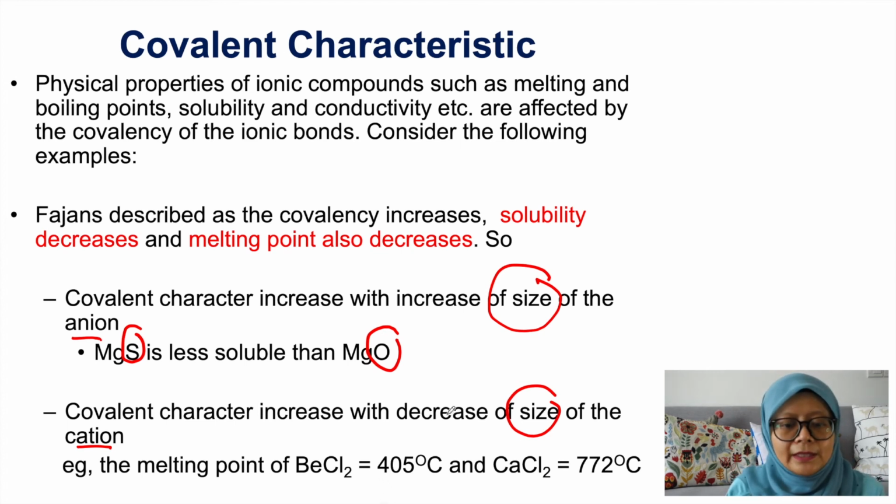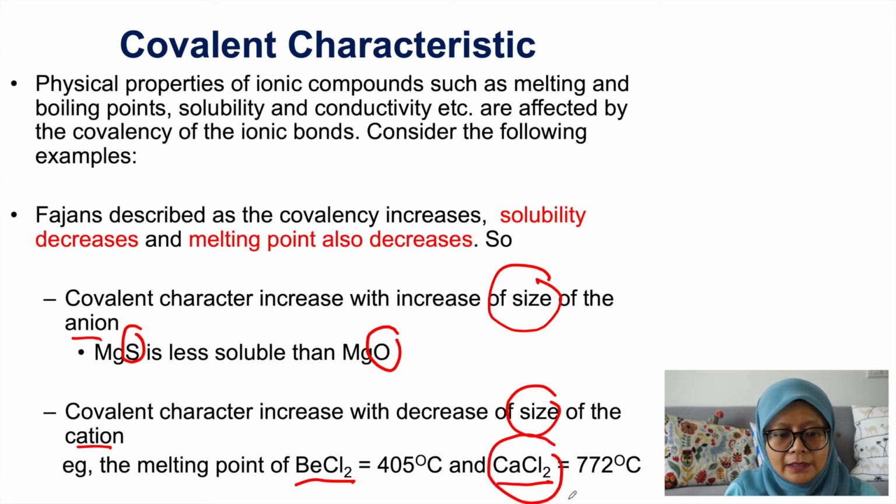Here we have beryllium chloride and calcium chloride, and calcium chloride is totally ionic because it is group 2 with chlorine, compared to beryllium dichloride, which has a much lower melting point compared to calcium chloride.